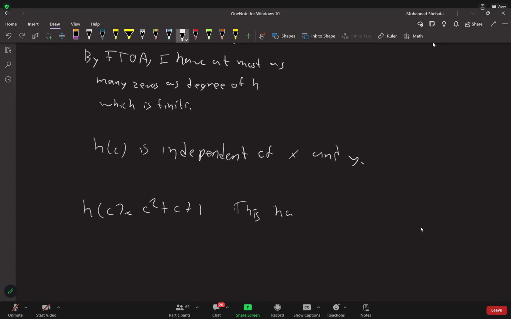This has at least one complex root. I don't want to get into complex factorization stuff. I'm sorry, what do you mean by that? What do you mean by a question? I don't get it.